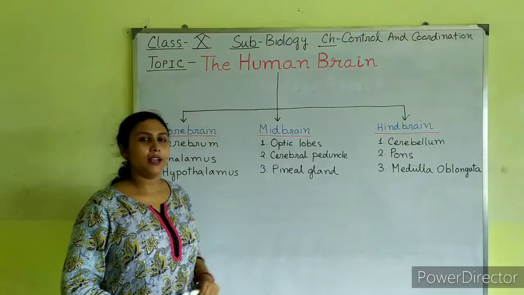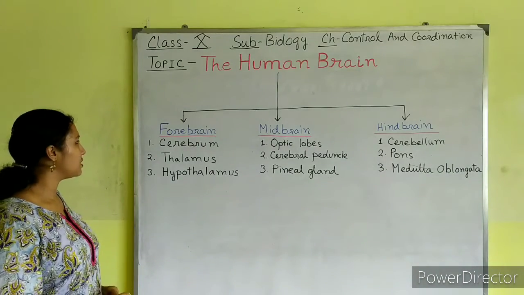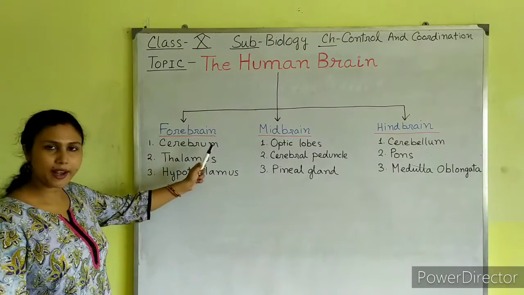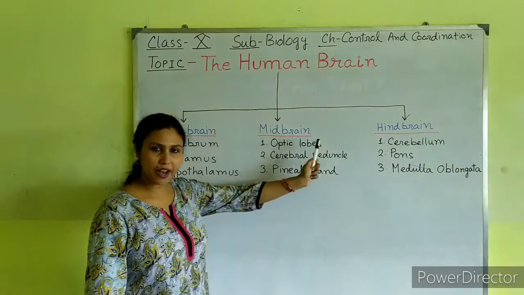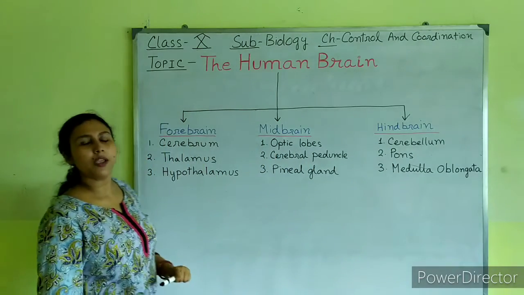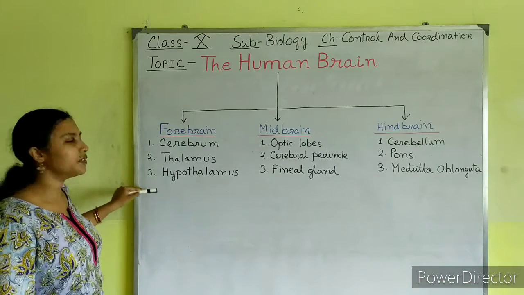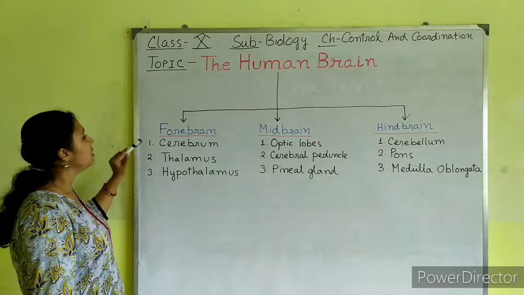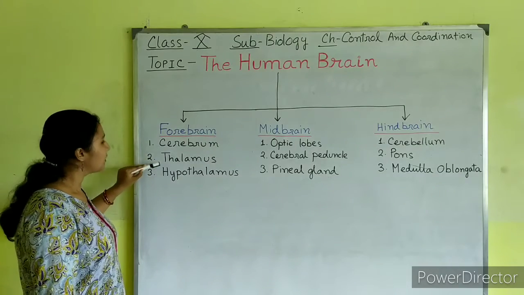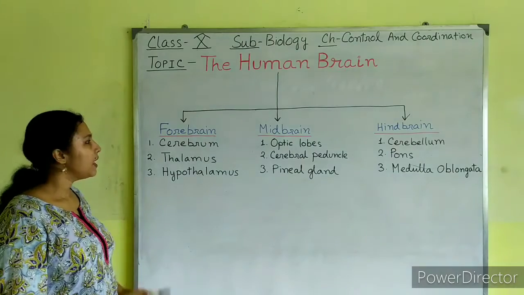The human brain can be further classified into three parts, that is the forebrain, the midbrain and the hindbrain. Now again you can see, students, the forebrain consists of three parts, that is the cerebrum, thalamus and hypothalamus.